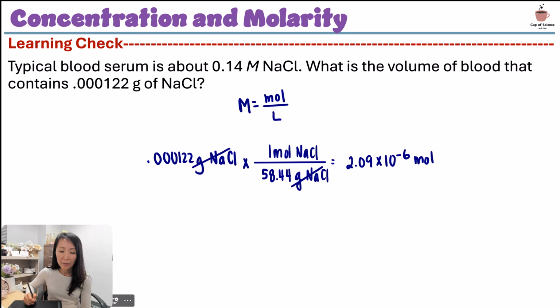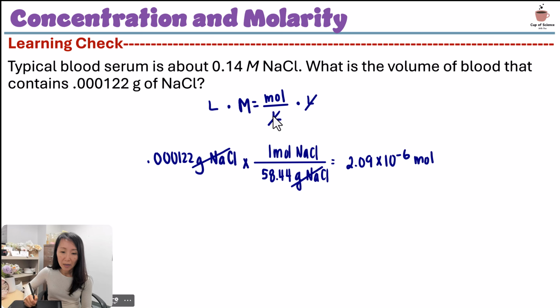We have our molarity, we have our moles, but we don't have liters, and that's okay because that's what we're looking for. But let's make liter by itself. We're going to make this volume by itself by multiplying by liter on both sides. And that will cancel out the liters.